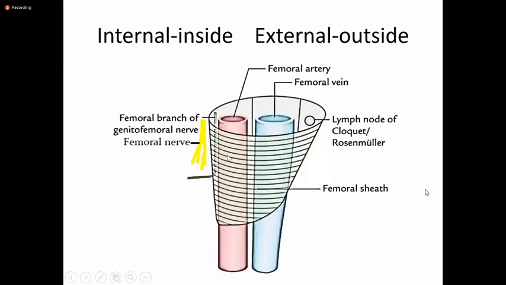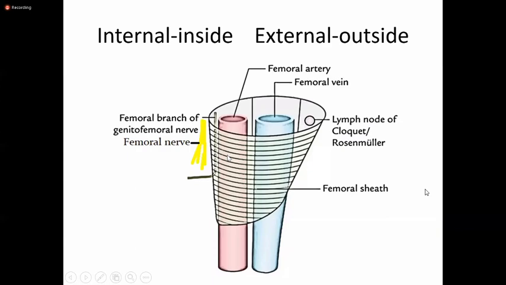See, here you can see the femoral sheath. This is a connective tissue sheath which is around the blood vessels. This sheath protects the blood vessels. So the femoral artery and femoral vein are present inside the sheath. They are internal.